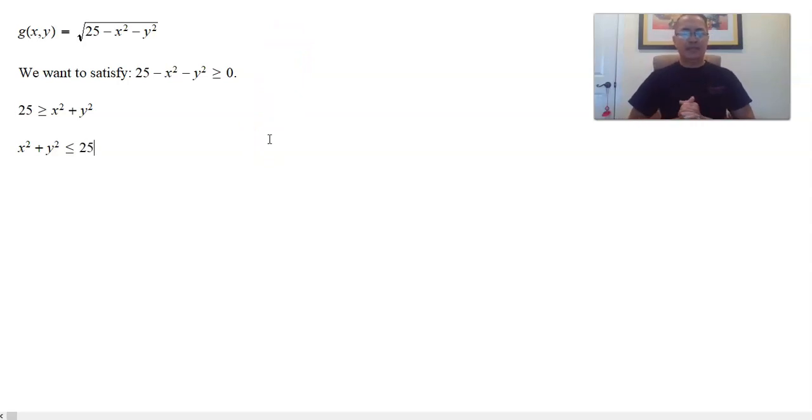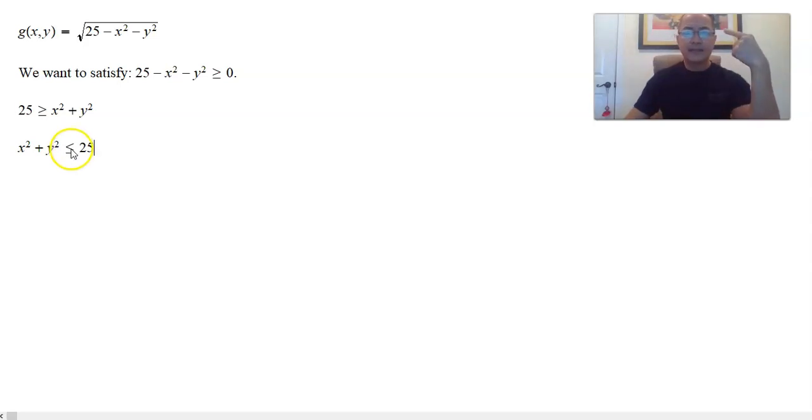Ooh, we're back to basic algebra. If this were equal to 25, what were we just talking about? Circles and spheres. If that were equal to 25, that would represent all the points on a circle centered at the origin of radius 5.